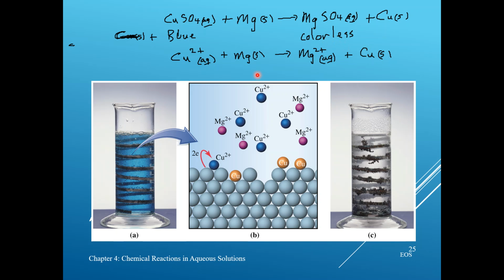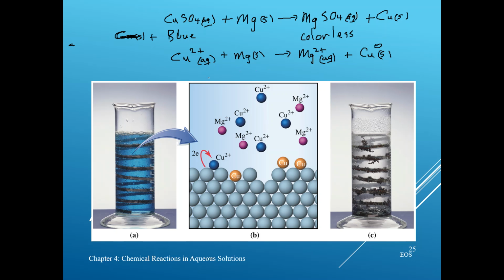Okay, so this is where the terms oxidation and reduction become important, because there's a change in the oxidation numbers of the different species involved. In the case of the copper 2+, it has changed to copper solid. The copper solid has no charge. Let me make a note of that. So there's zero charge right here, right?